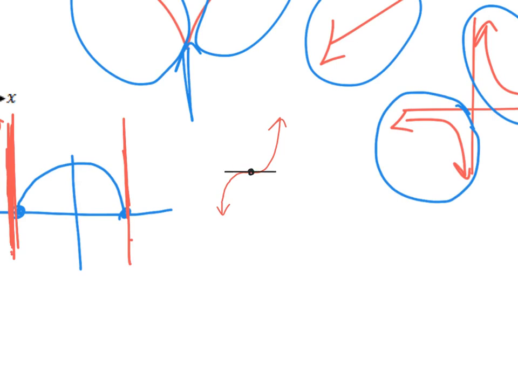No problem. But if this looks like that instead, like pretend I took my screen and just turned it sideways, then if I were to try and draw in a tangent line right there, it would be vertical. Okay, so there's a place where the derivative doesn't exist.